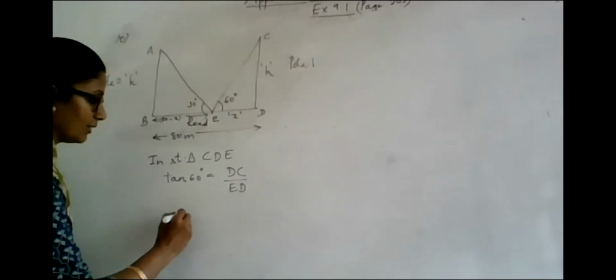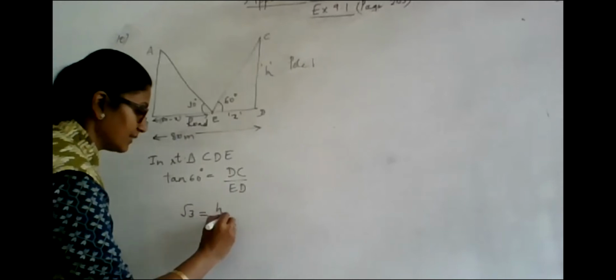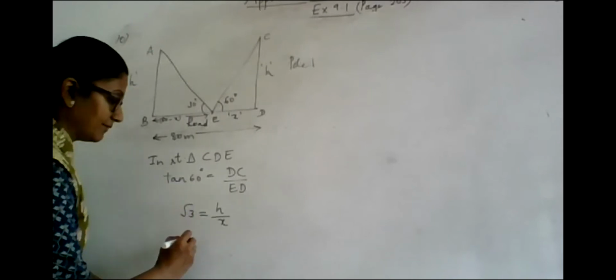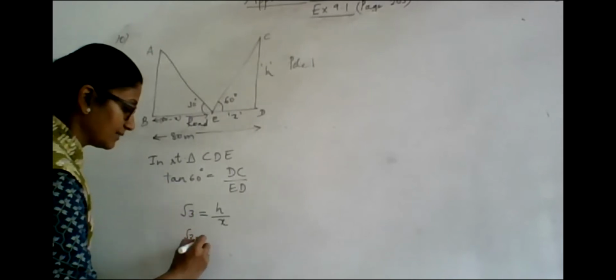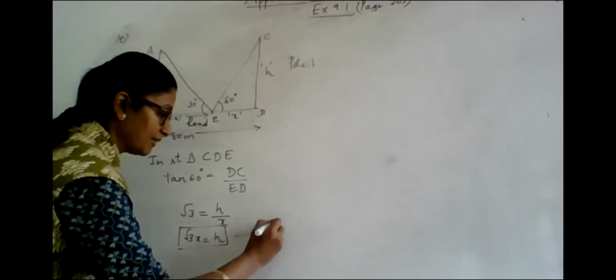Tan 60, I know the value is root 3. DC, I have taken it as h, that is the height that I have to find out. ED is x, some distance x meters. So from this I will get root 3 times x is equal to h. So this is one equation I have got. I will number it as equation 1.